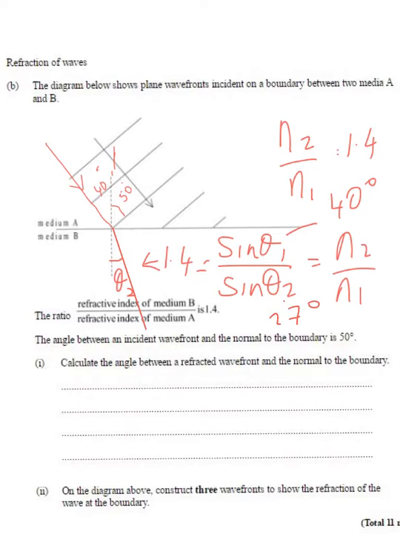But this is how mean they are. They're not asking you for this angle. They're asking you for the refracted wavefront. So once again, you have to do this silly business. 90 minus 27 degrees, which gives you 63. Okay, it's pretty mean, but that's just the way it is.